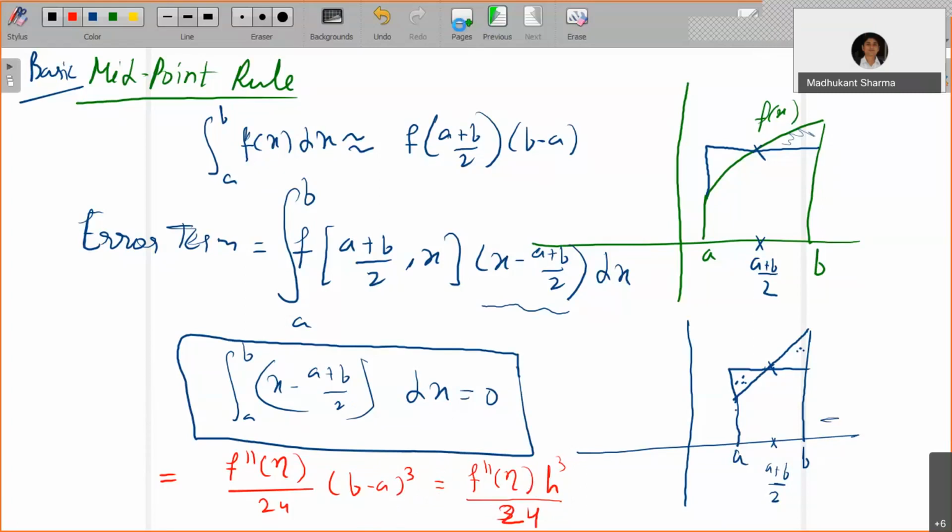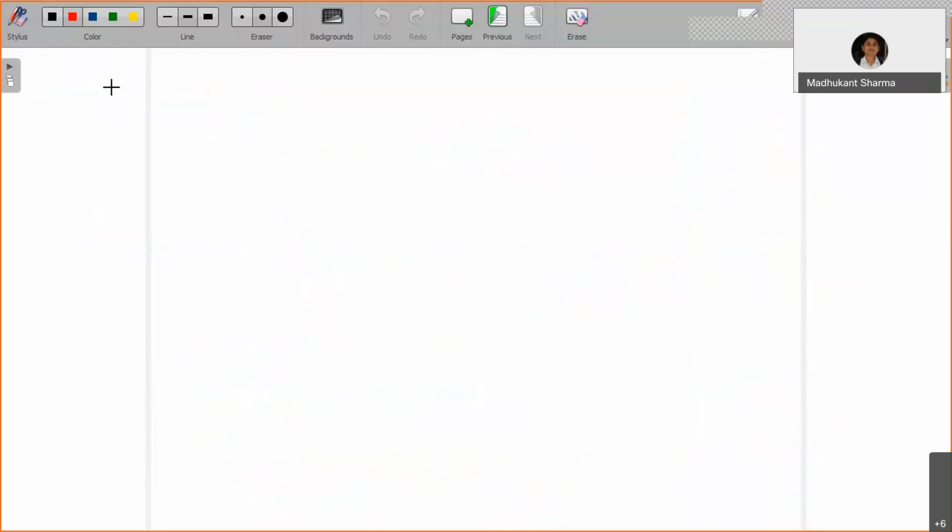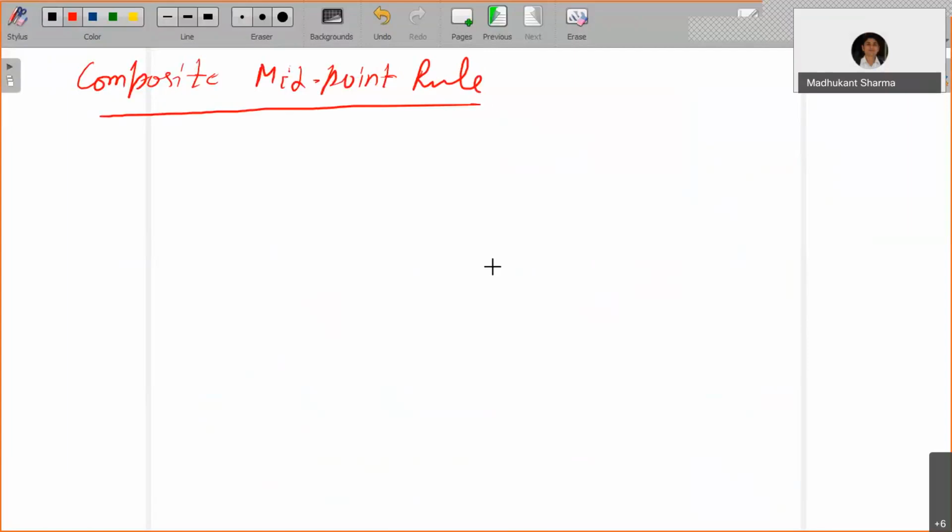Now if you generalize this for the composite midpoint rule, I'm writing directly the final term, and then I will close here.